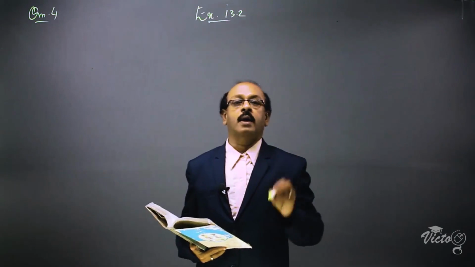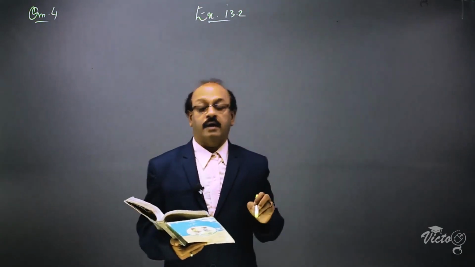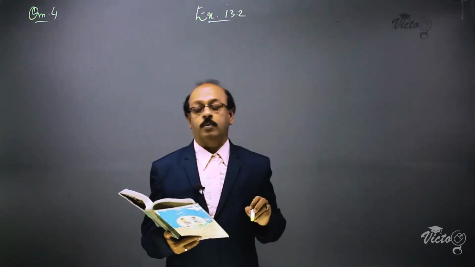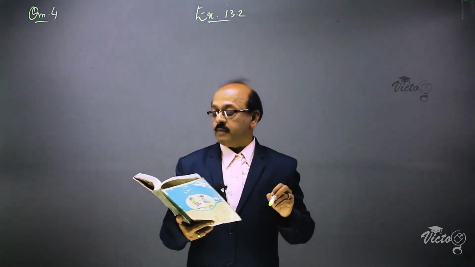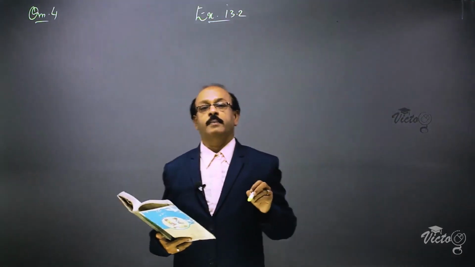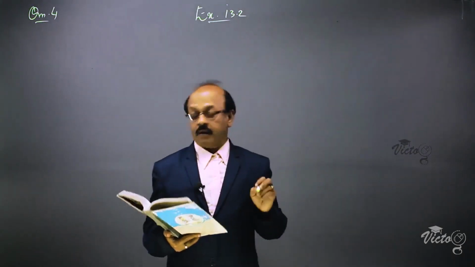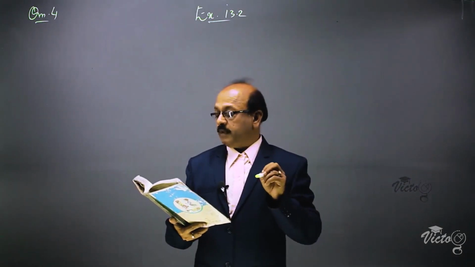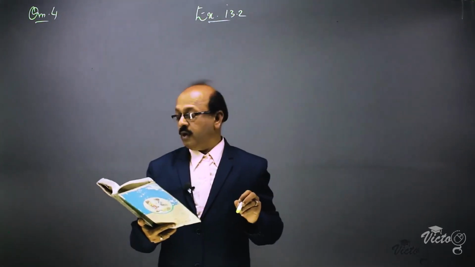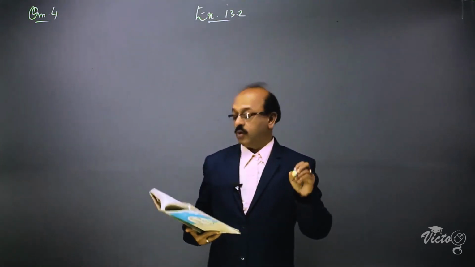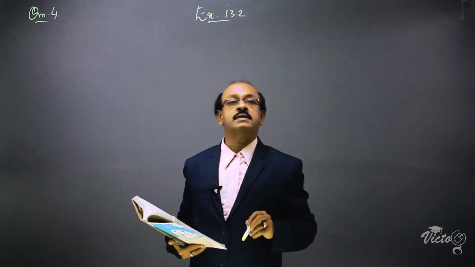Here is the problem concerning a pen stand. It is in the shape of a cuboid which has dimensions 15 centimeter by 10 centimeter by 3.5 centimeter, meaning length, breadth and height are given. The radius of each depression is 0.5 centimeter and depth is 1.4 centimeter. We have to find out the volume of wood in the entire stand.